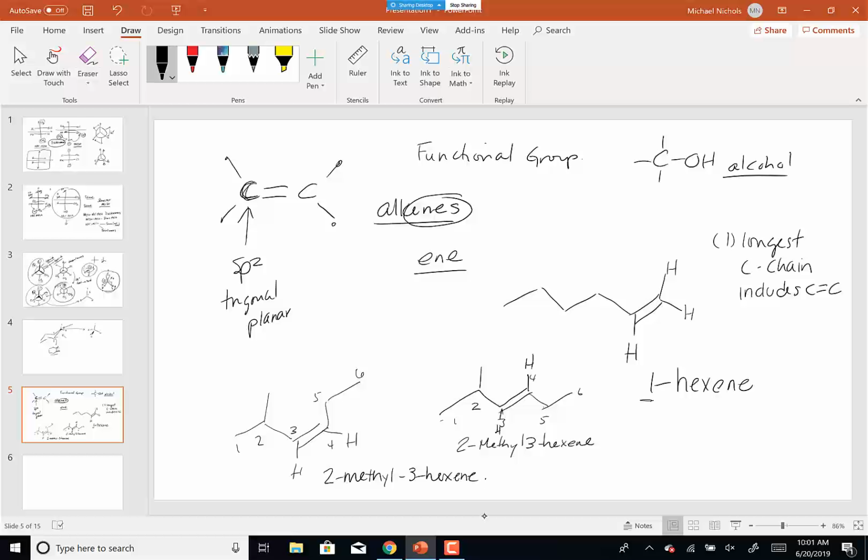But what's different about those 2 molecules? Just from looking at them.